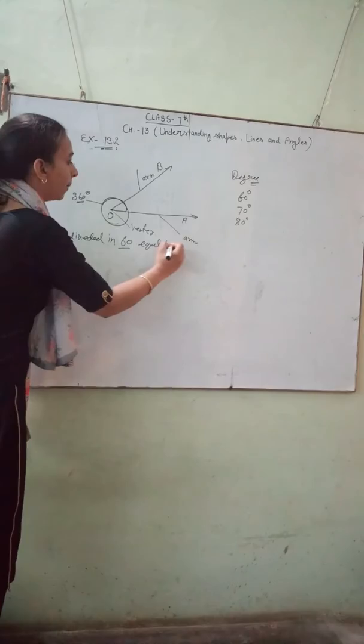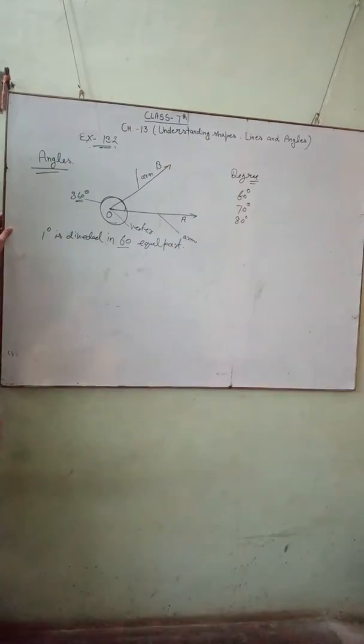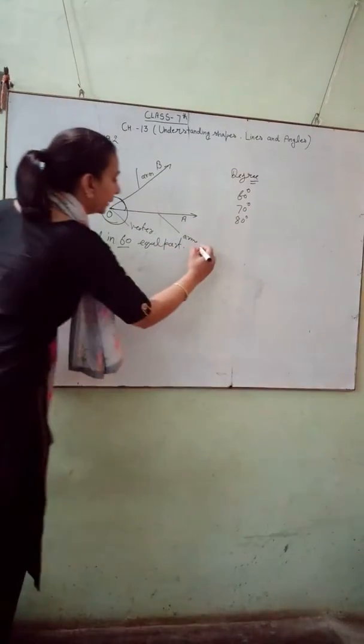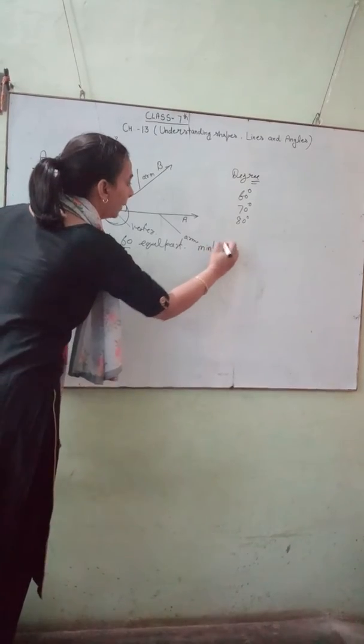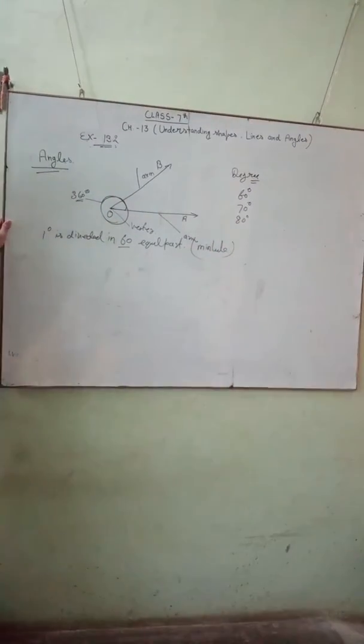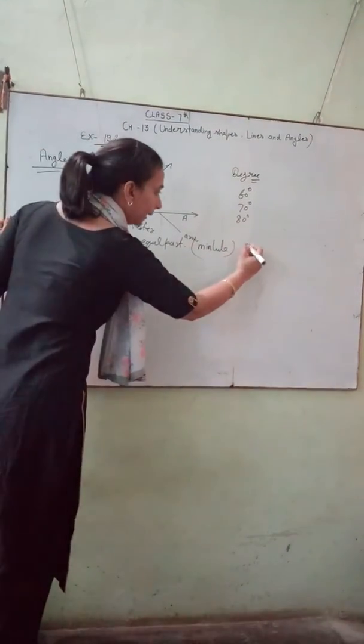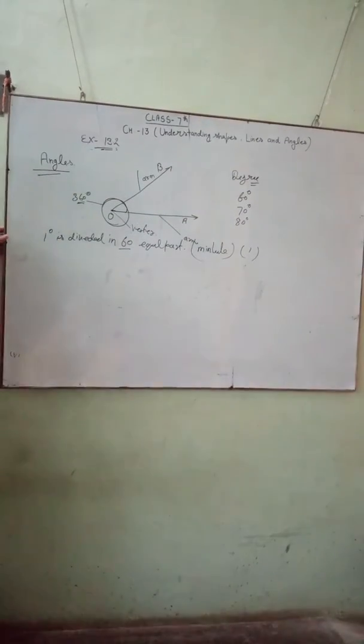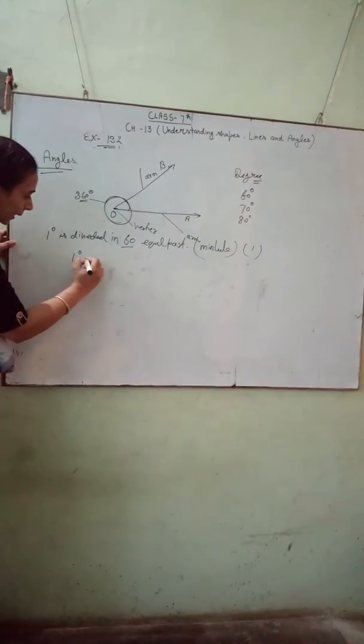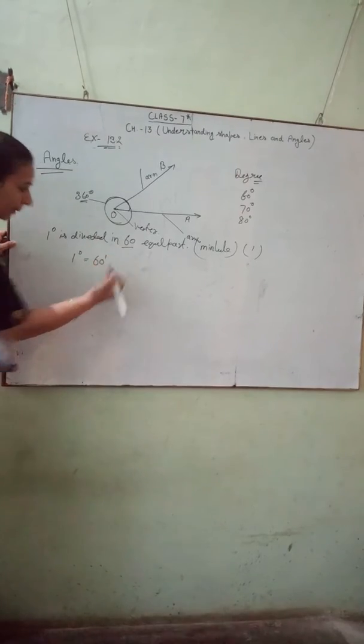These parts are called minutes, and we denote it by this symbol. Clear, students? For example, 1 degree equals 60 minutes.